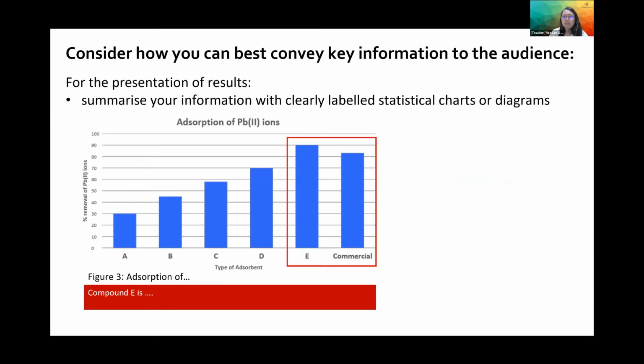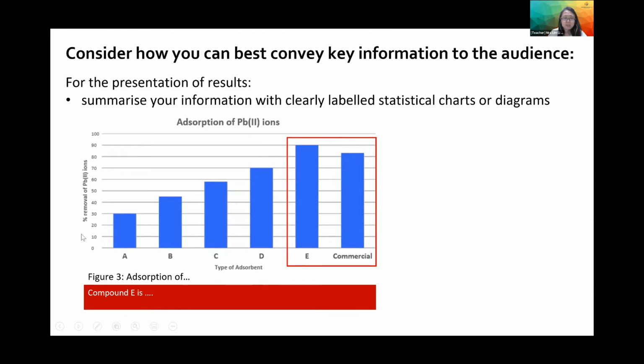Consider how you can best convey your key information to the audience. For example, when you're presenting your results, it's good to present a graph rather than a text description. You can summarize the information with clearly labeled charts or diagrams.